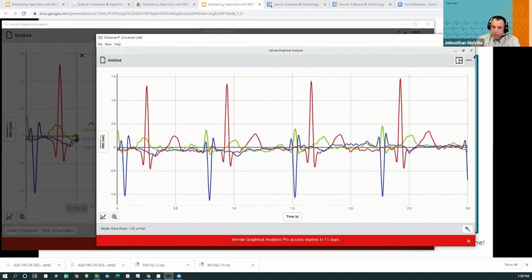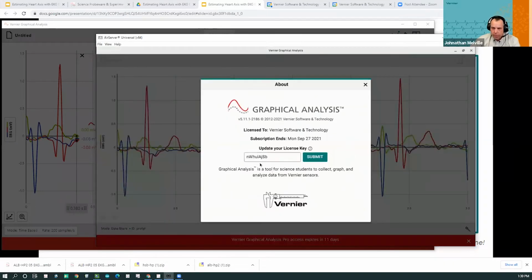When they get started, they probably will only have to do this once, but when they first launch graphical analysis, they'll need to put the GA Pro code in here as well. Once they submit it, then they have all the GA Pro options, and then they will be able to share data or get the data.